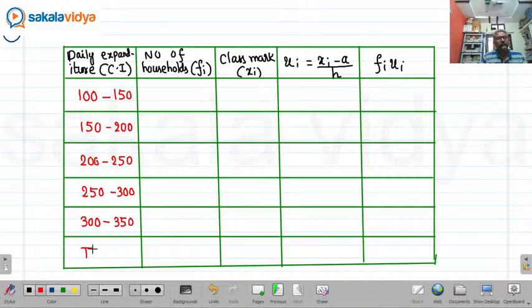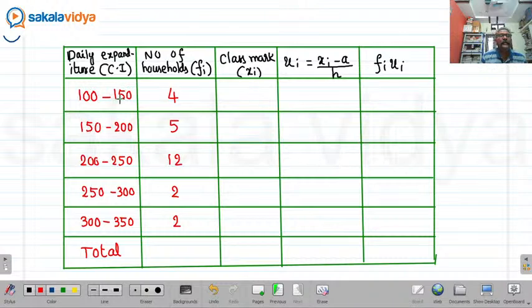Now total. Next we have the number of households we need to write, that is 4, 5, 12, 2, 2.